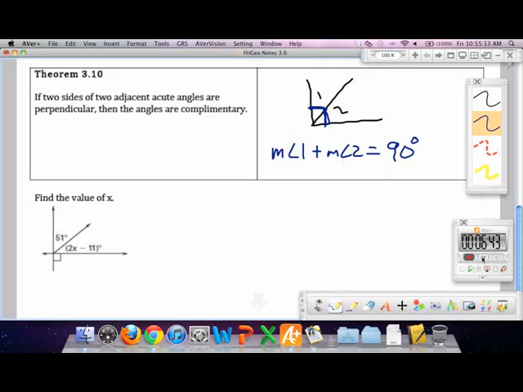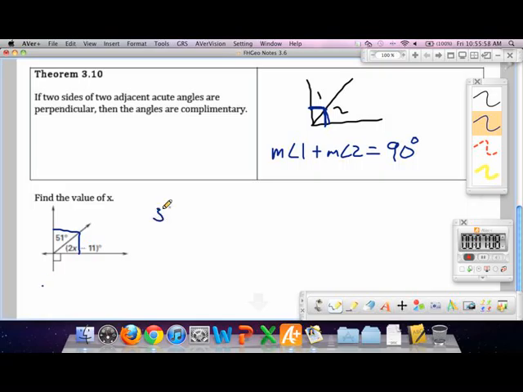And if this is a right angle, then this theorem, two adjacent acute angles that are perpendicular, what do you know about their angle measures? Complementary. So Joel, what equation can we write then? 51 plus 2x minus 11 equals 90.